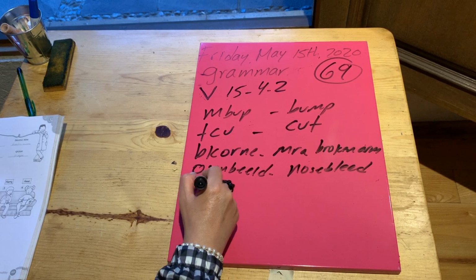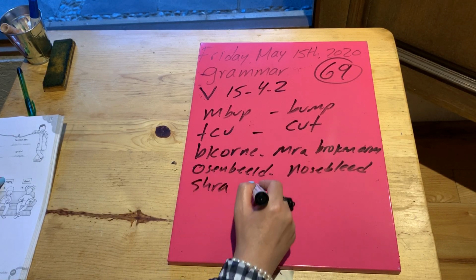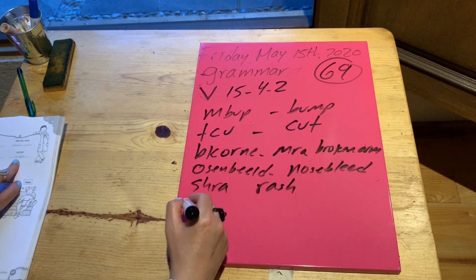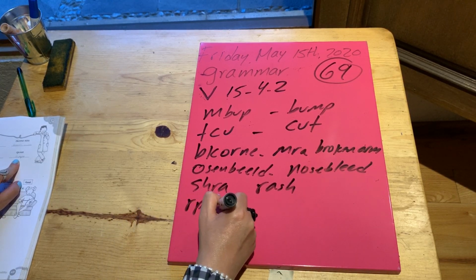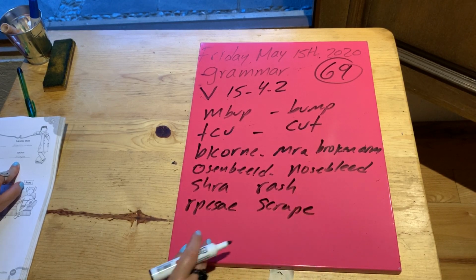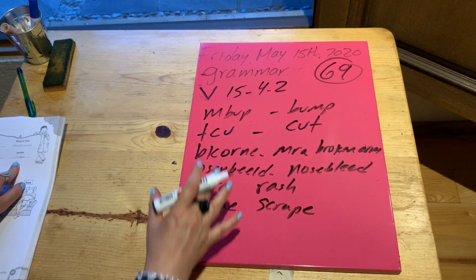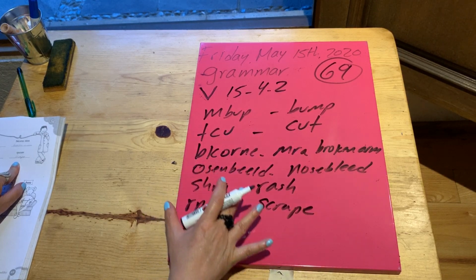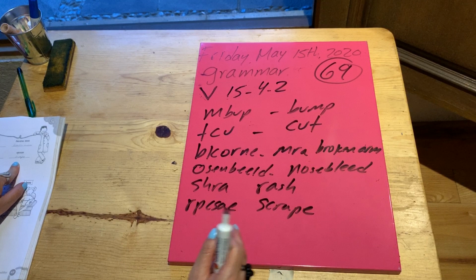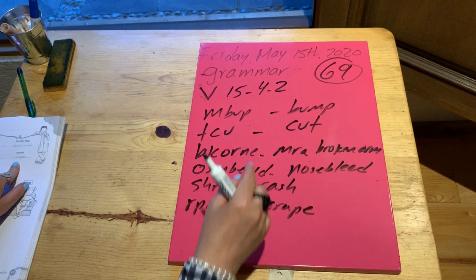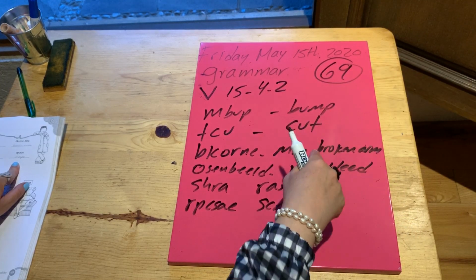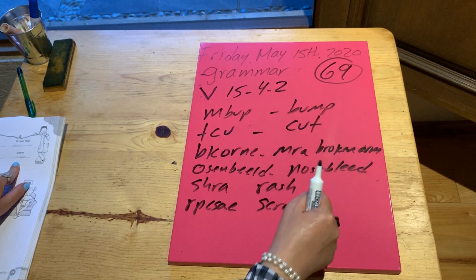Then you have this one. That's a rash. Yes. And then you have this one. Scrape. Yes. So these are some of the things we can have when we have little accidents, for example, or when we don't feel well. Okay. So bumps, cuts, broken arm, nosebleed, rash, and scrape.